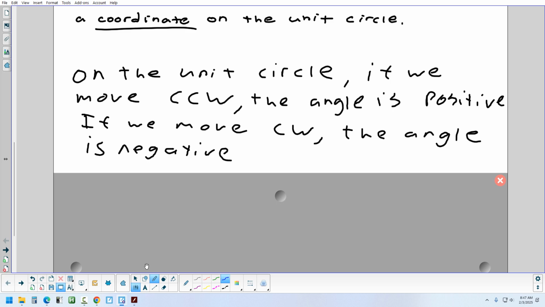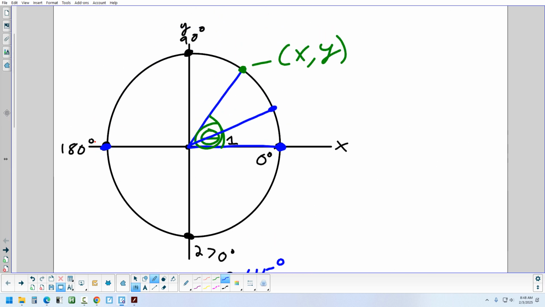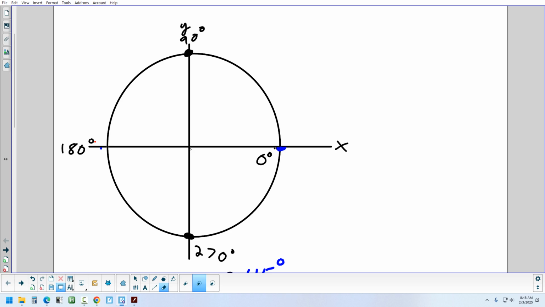All right, so let's look at labeling those four angles that I just mentioned: 0, 90, 180, and 270. Let me go back up to this diagram. I'm just going to erase that so it doesn't look as busy. Let's start with the coordinate for 0 degrees.